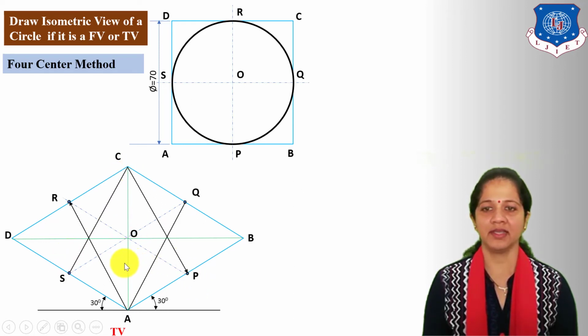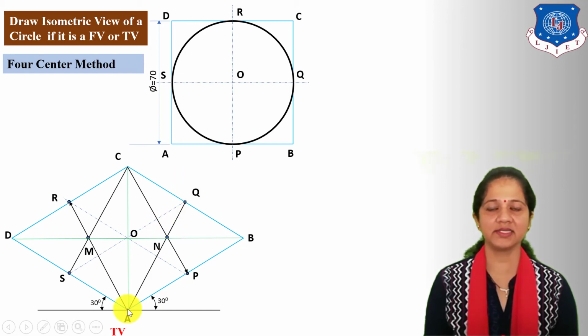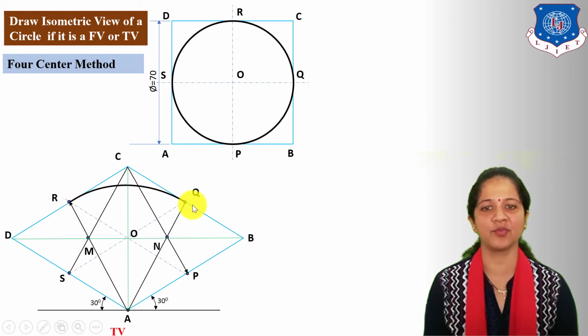Here, these two lines intersect at one point on the BD diagonal, which indicates point M, and the intersecting point of these two lines on the DB diagonal indicates point N. Next, take center A, radius AR or AQ, and from point A draw an arc which connects point R and point Q.